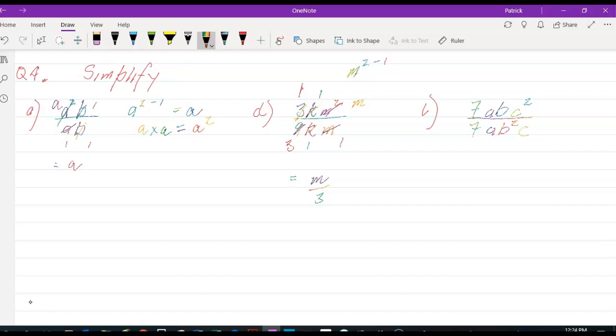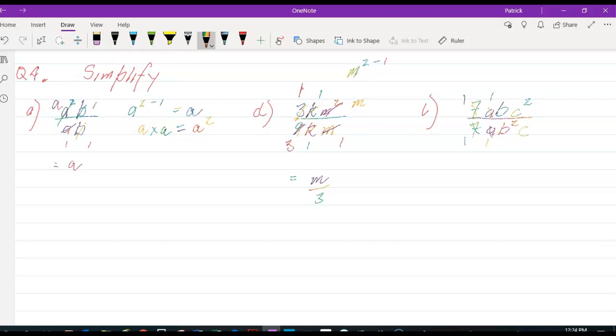Looking at part L, 7 will cancel out with itself once, and then A will cancel out with itself once, and then I've got B over B squared, so that's B to the 1 minus 2, and then I've got C squared over C, so that's C to the 2 minus 1.